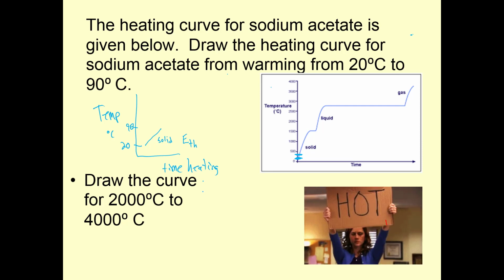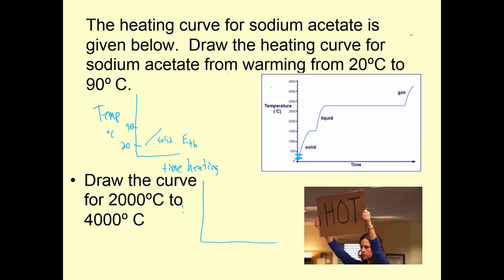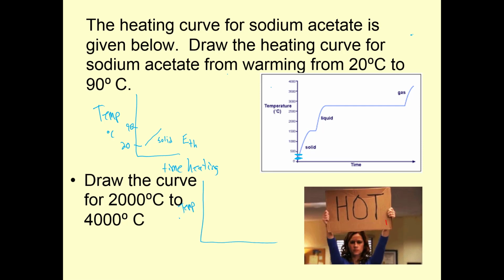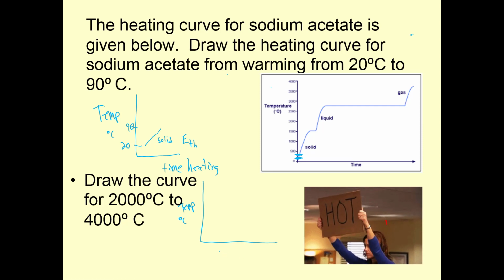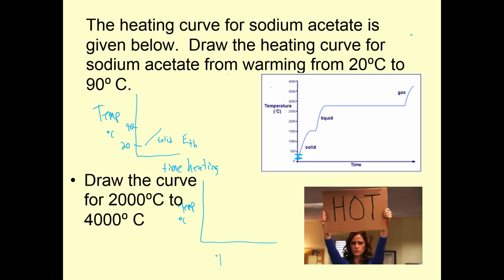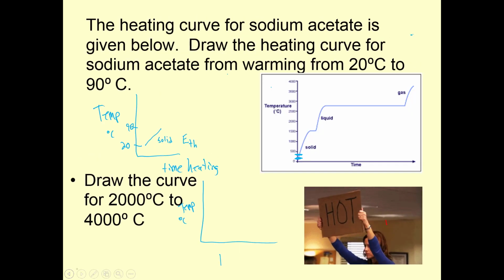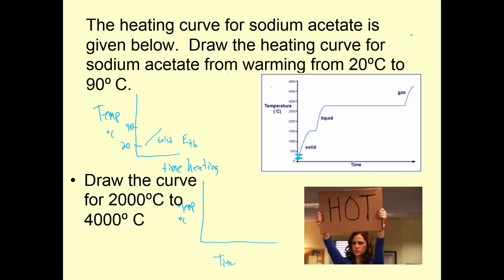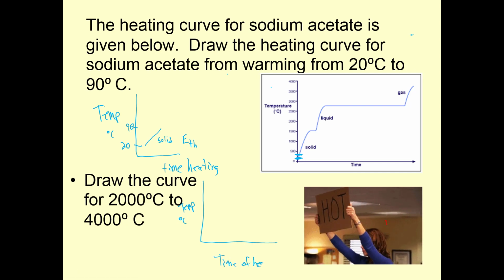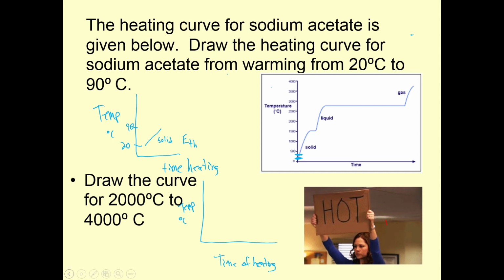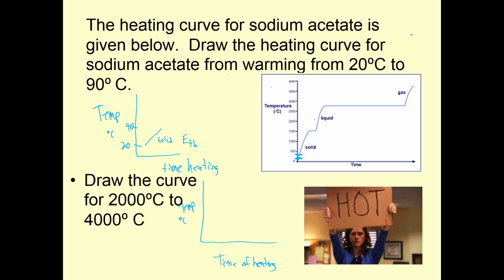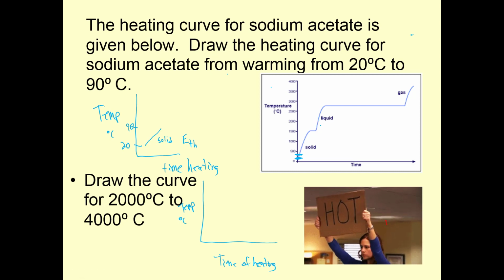Now I'm going to do the same thing, temperature in degrees Celsius. I'm not going to use these things anymore, are they annoying? And then the time of heating. From 2000 to 4000. So do you see how right here 2000 is going to be a liquid?